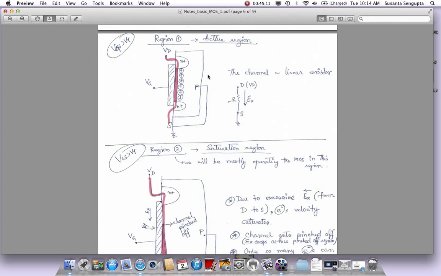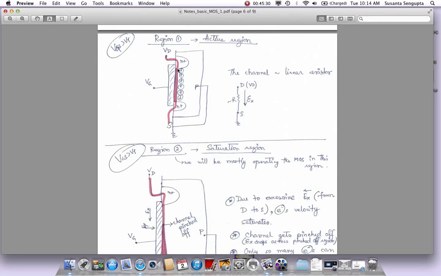Now I've swapped the device, so my horizontal and vertical have changed. But I will continue to call this field EX, because previously it was the horizontal electric field from drain to source. So the drain to source electric field is EX, right?